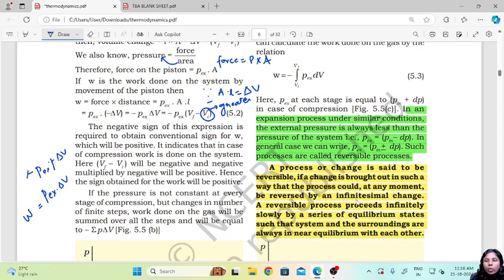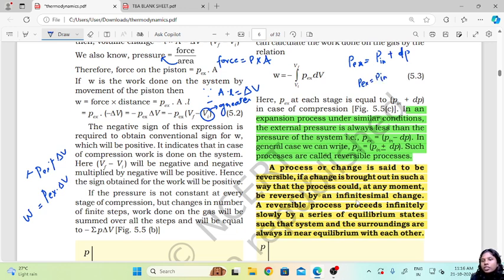So what they are saying is that if the pressure is not constant and there is some kind of change happening, then Pex depends on P internal, the internal pressure, plus the small change in pressure that occurs. So we can say that P external can be equal to P internal. Why?